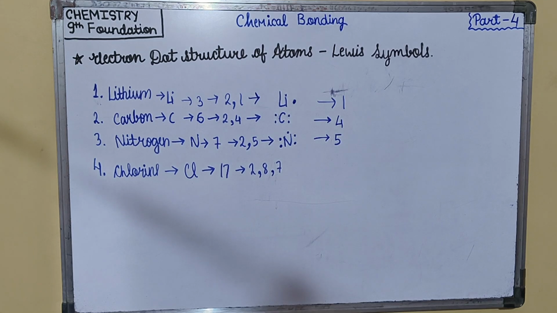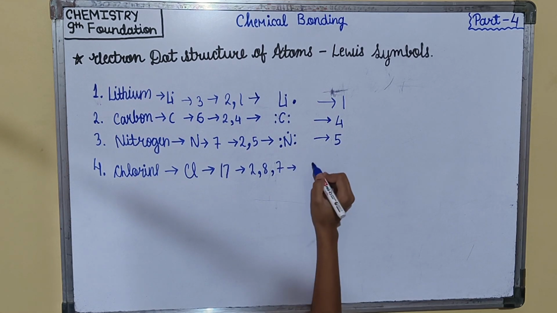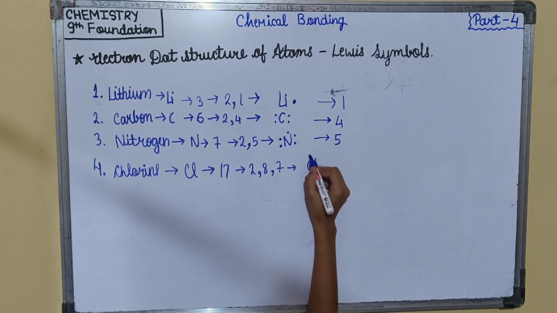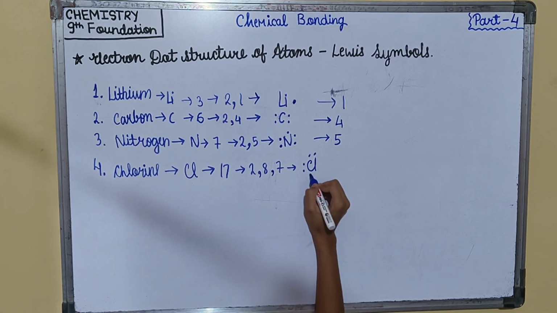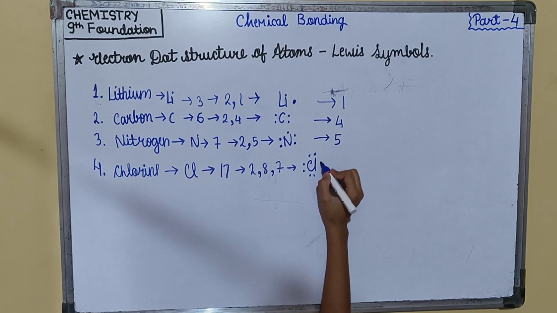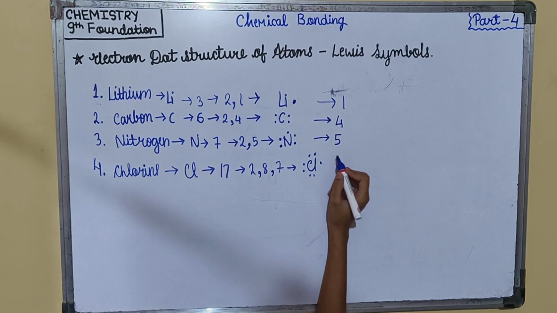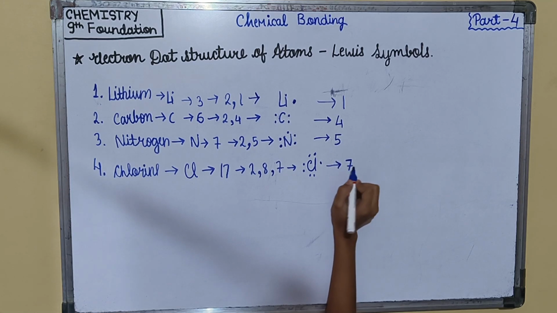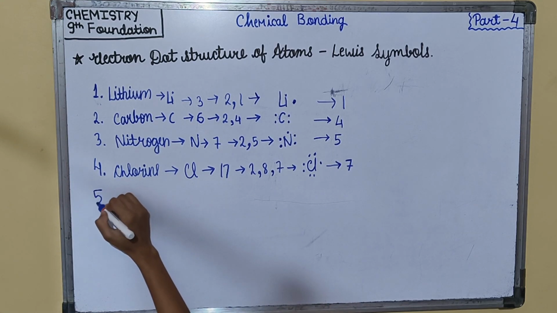And in Lewis symbol it will be written like Cl surrounded by 7 dots, because the electrons in its valence shell is 7.